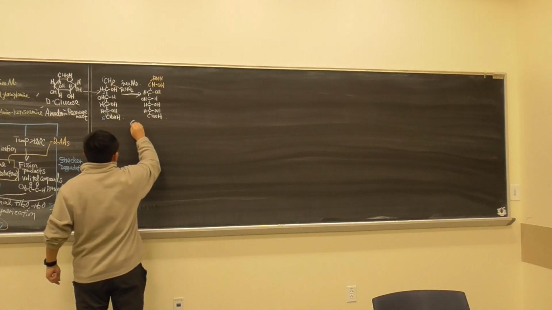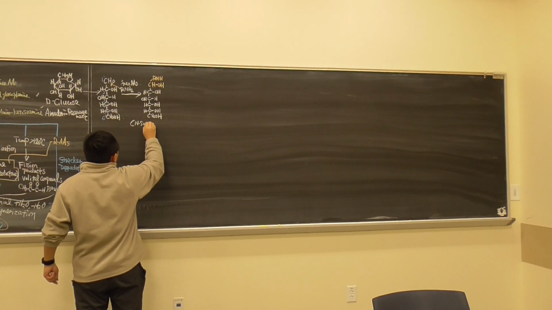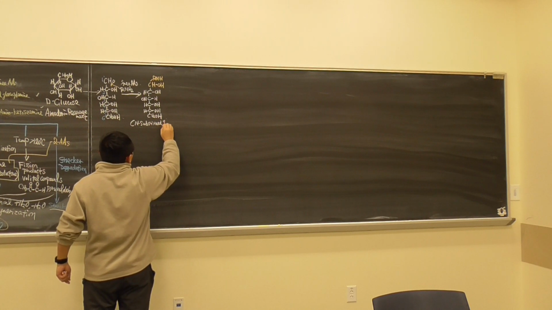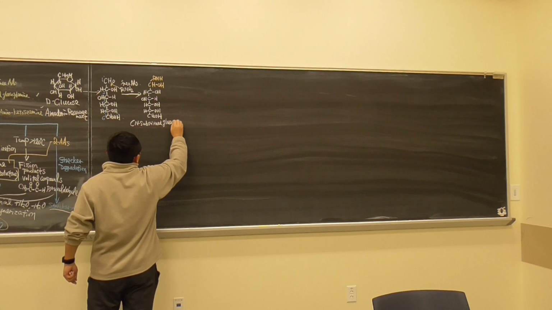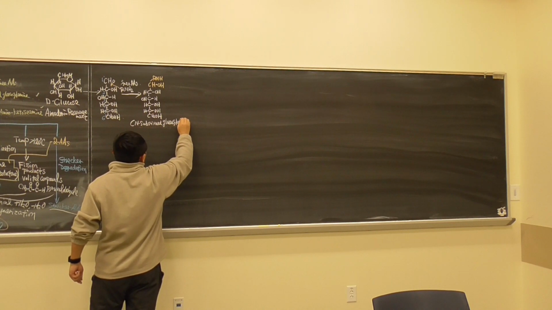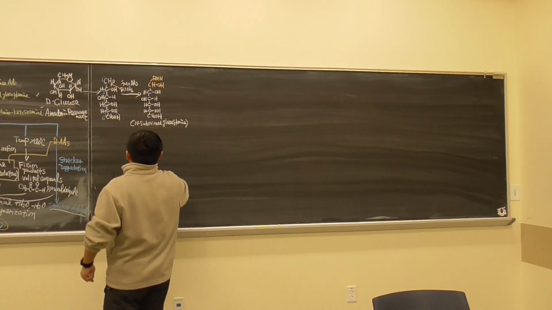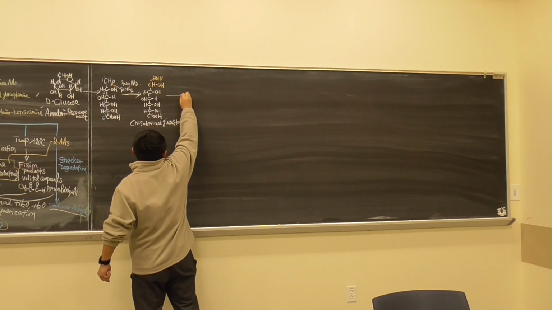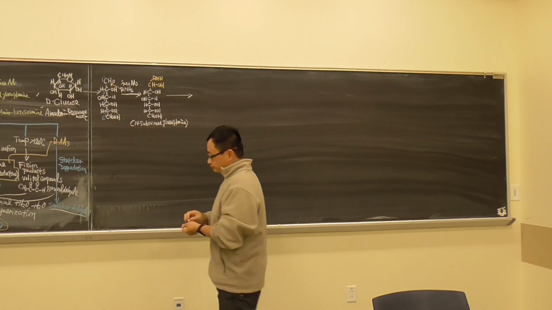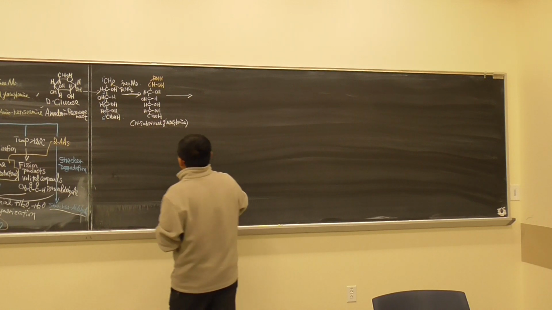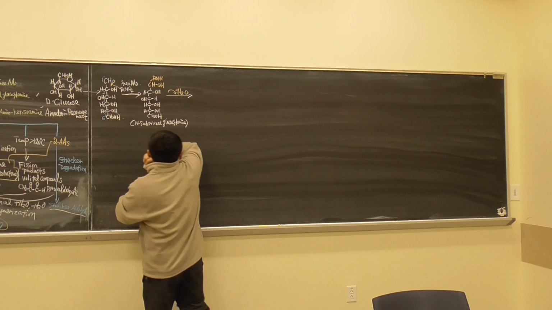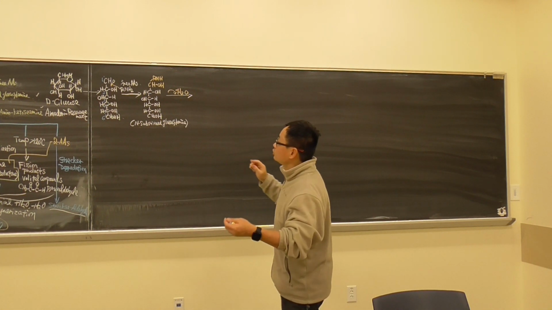What's the first one? This is called N-substituted glucosamine. And this is easy. Okay. Now, second step. What will happen? They will start to lose water.